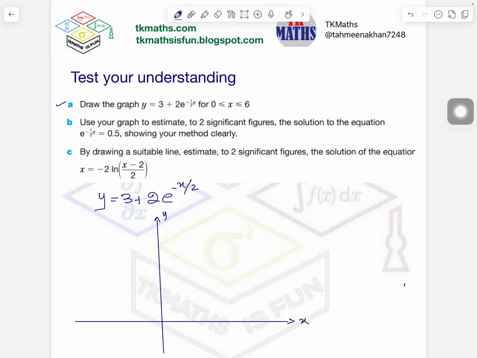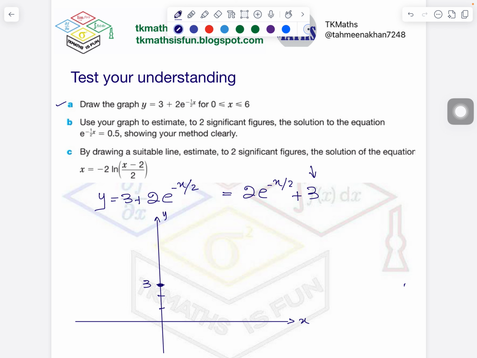I told you in the previous video, when you write the constant on this side, this number gives you the asymptote, right? So if I see 1, 2, 3, I will have the asymptote here. Let me change the color.